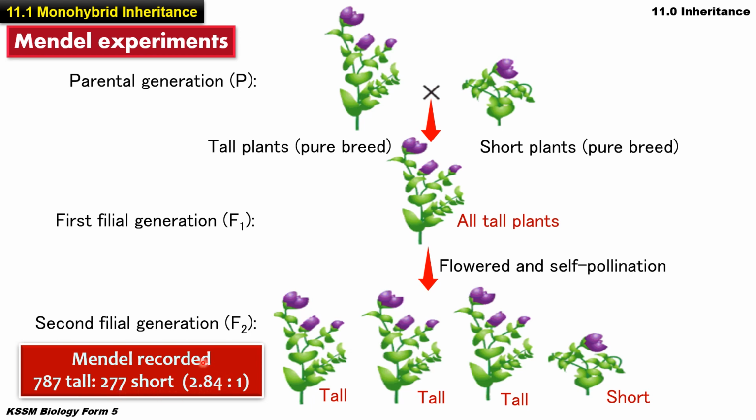So dia simplify the ratio dapat 2.84 to 1. So sebab itulah ratio tu dalam ni kita tulis in theory 3 to 1. Boleh? Okay. Dah. So ini adalah Mendel eksperimen.